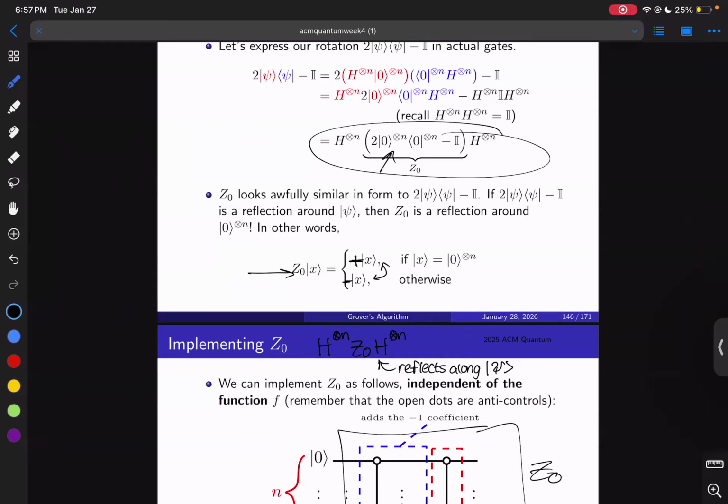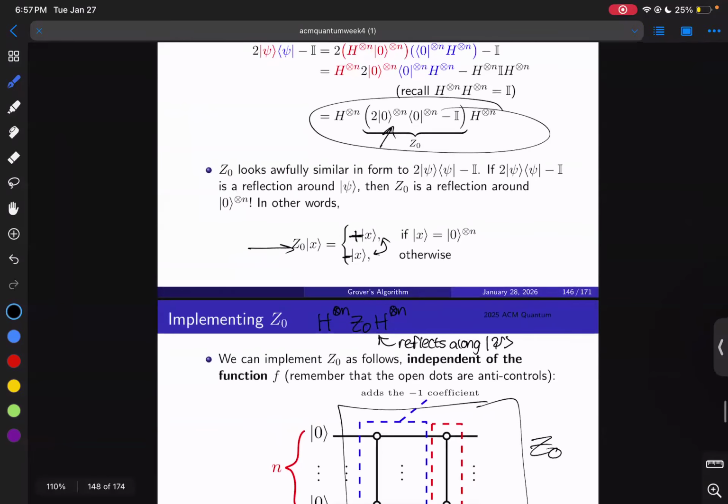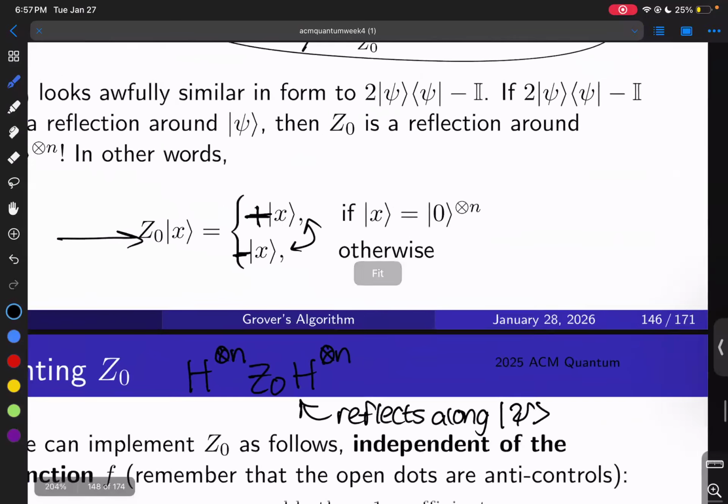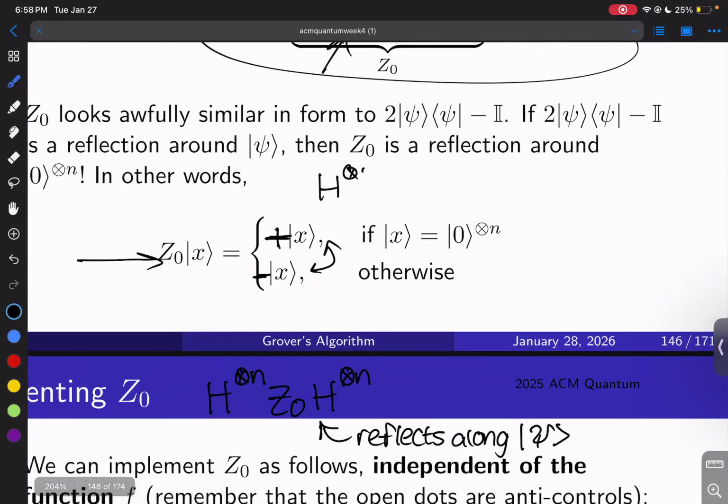What does it mean by H tensor n? Oh, it means n Hadamard gates. So H tensor n is H tensor H, and then there's n H's. So you have n qubits and you apply Hadamard on all of them. What if instead of H it's zero, like the ket zero?